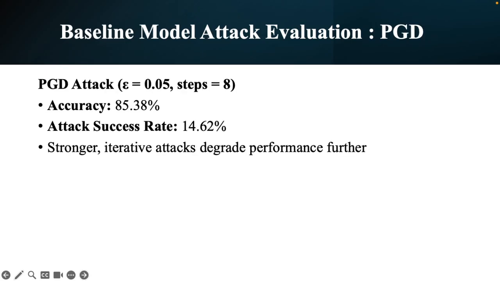On PGD, it is stronger and iterative, dropping accuracy to 85.38%, and the attack success rate climbs to 14.62%, showing a deeper vulnerability.